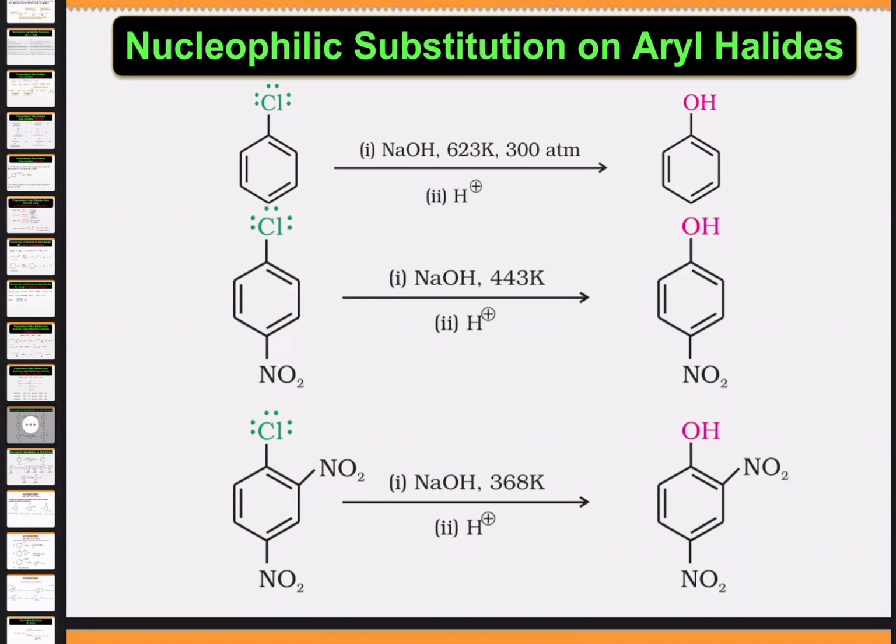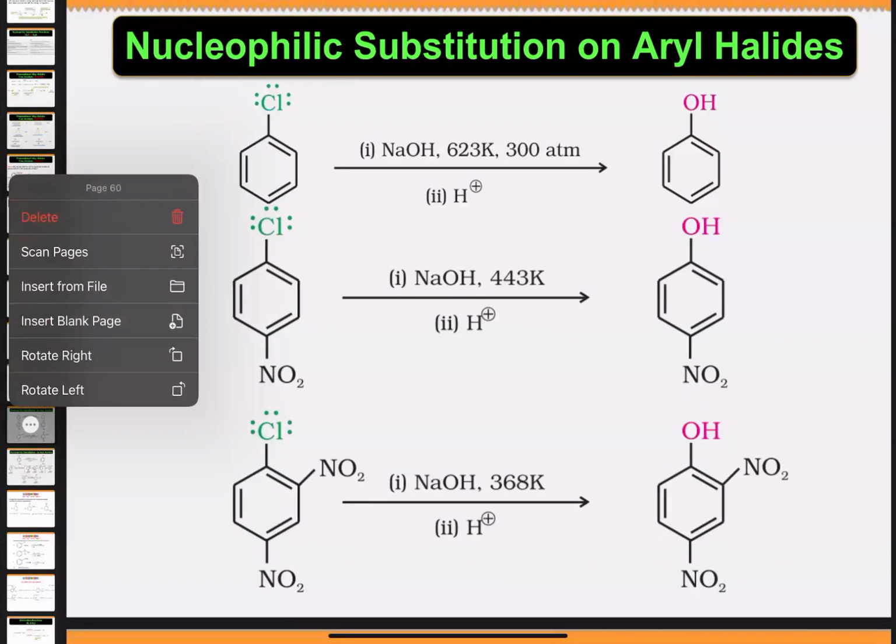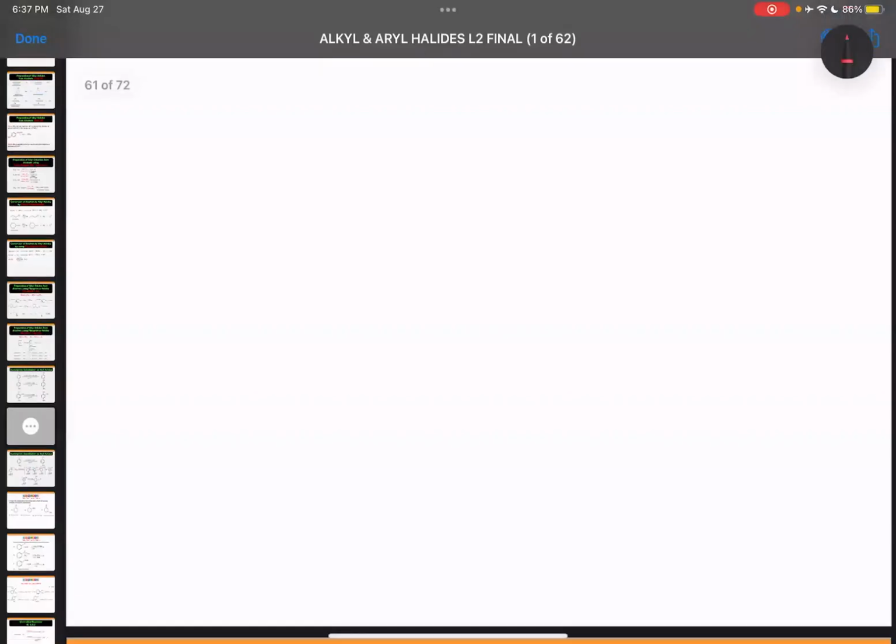But it is very difficult to substitute Cl by OH group. The reason is the one which we discussed, that the chlorobenzene is actually resonance stabilized.